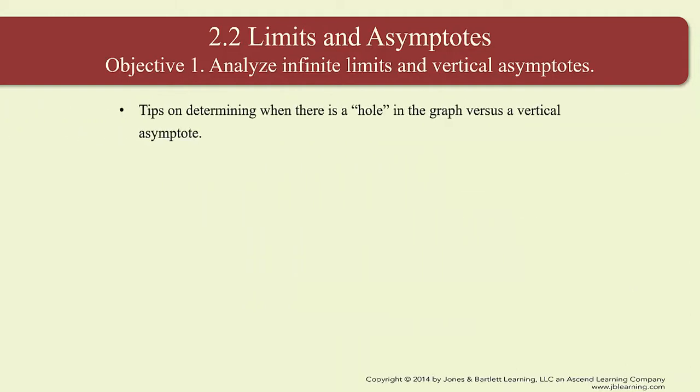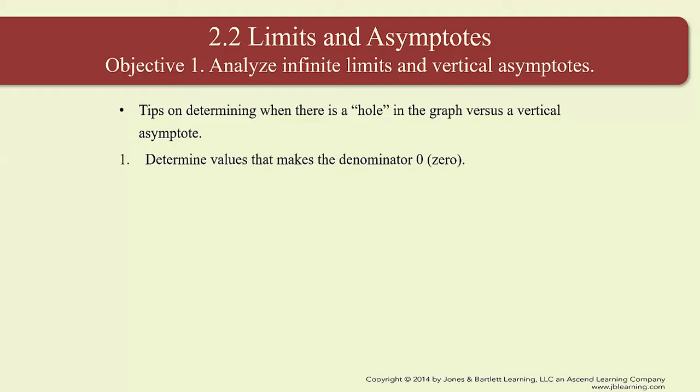So you may remember back to college algebra, there were times that a graph would have a hole in the graph, and there were other times you would have a vertical asymptote. So I'm just going to review what you should have seen in college algebra, and that is how to determine if a value of x is producing a hole in the graph or a vertical asymptote.